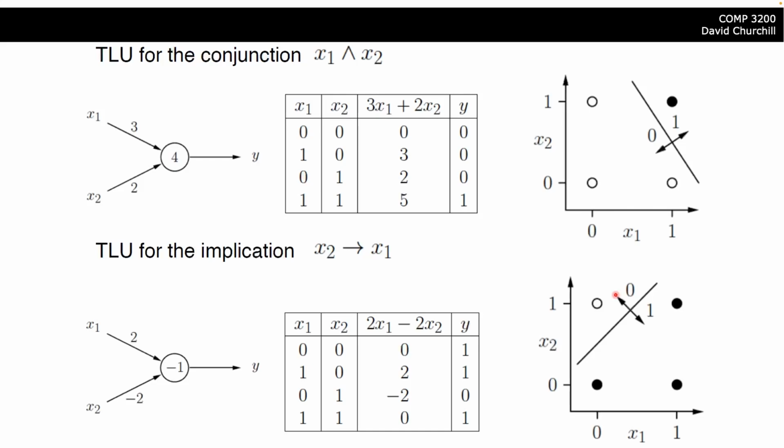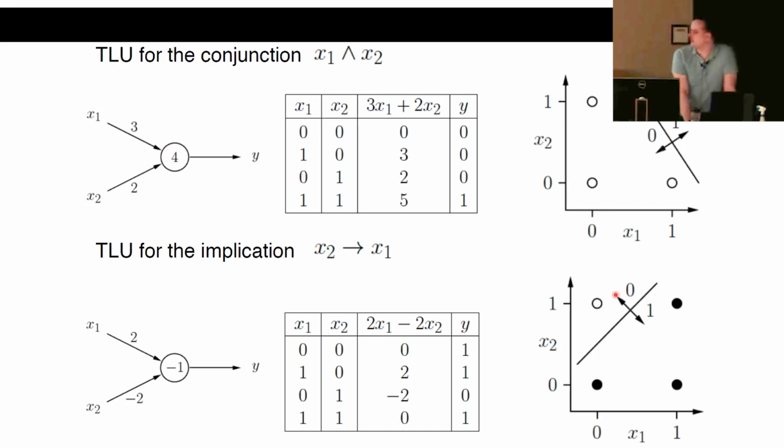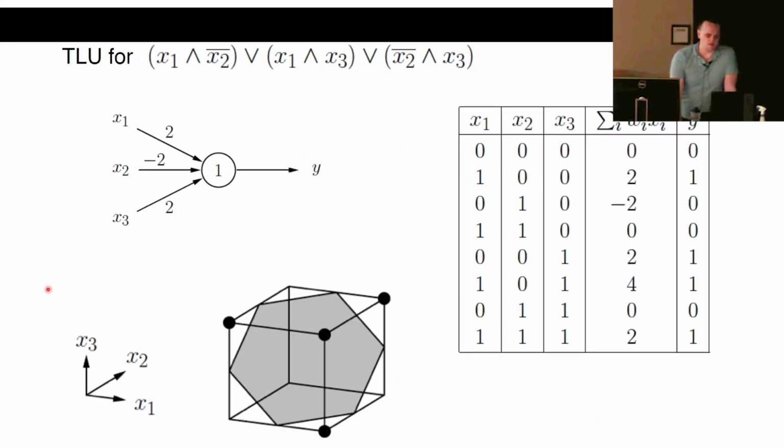Let's have a look at another slightly more complex example, because these 2D examples are really easy, but TLUs can be used to compute functions for any number of variables, right? So here we have a really complex function. I'm not even going to bother reading it out, but just to let you know that if there are 3 variables, then we have a 3D space. And so what the TLU is computing there is the function for a plane through that 3D space, right? So we have an n-dimensional space.